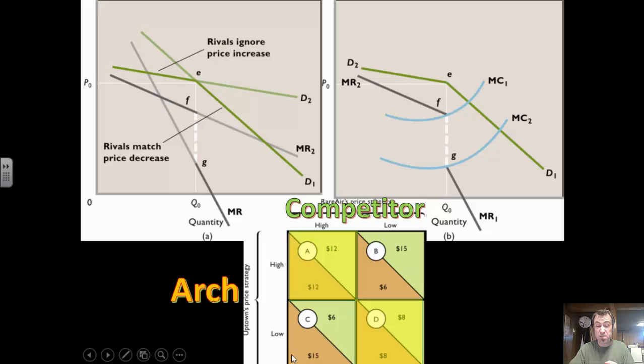Well, look, they would get $15, even bigger than 12, and the other competitor would only get 6. So if there is collusion, there's a lot of incentive to break the collusion. In both situations, for both the competitor and Arch, there's a lot of incentive to break collusion. Hence why you don't always see collusion in a lot of real world scenarios.